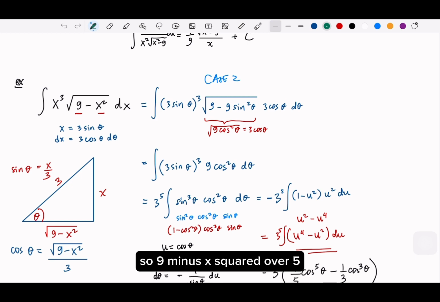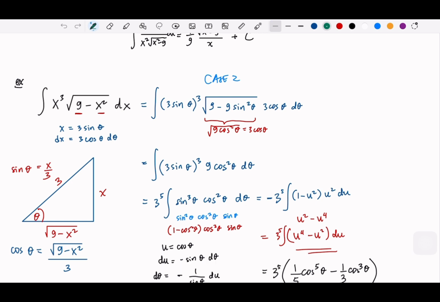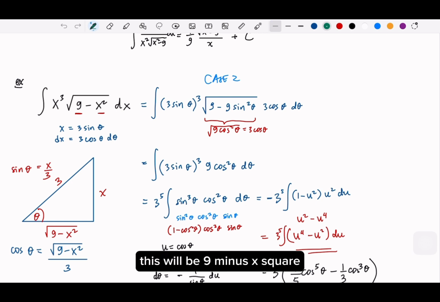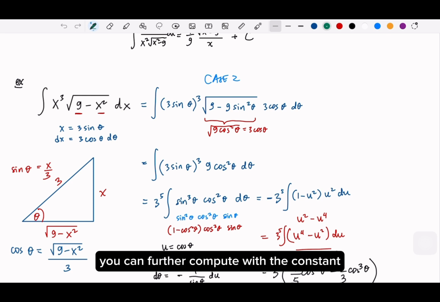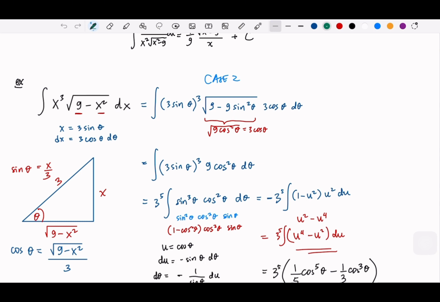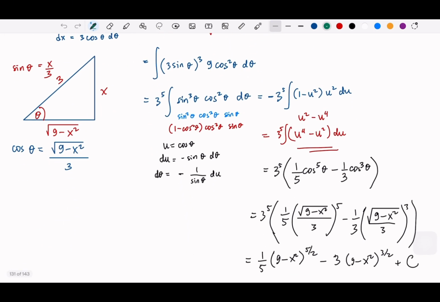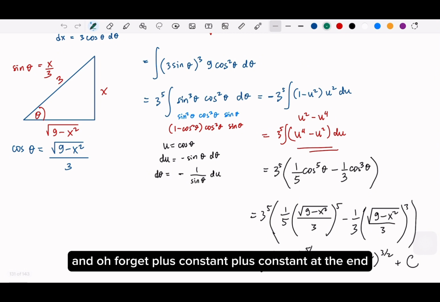So 9 minus x squared over 3, with power of 5 over 2, minus 1 over 3, this will be 9 minus x squared, this is 3 over 2. Okay, I will just stop here. You can further compute with the constant, but I think I just stop there. And don't forget plus constant at the end.